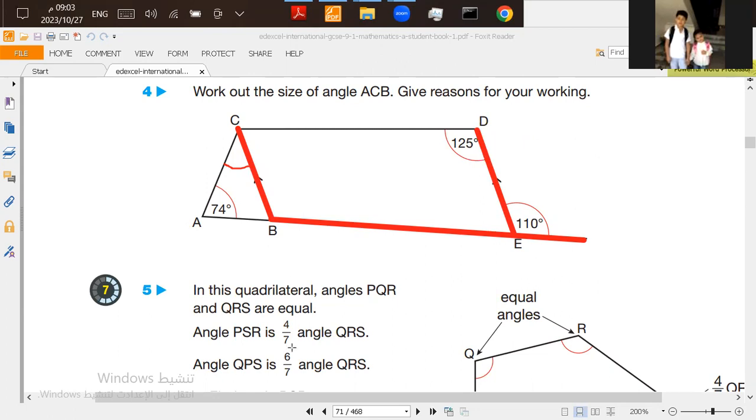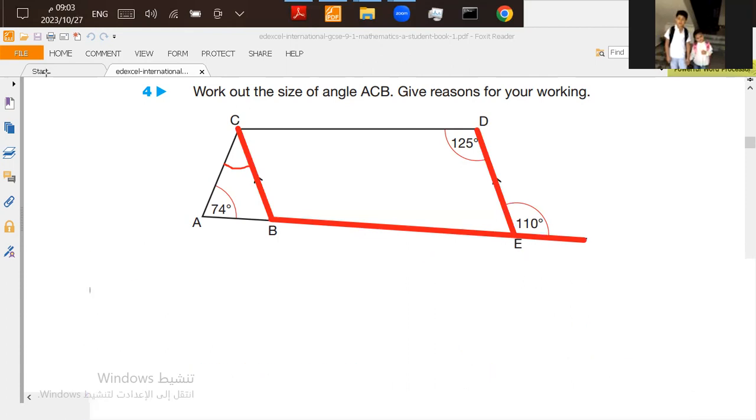So what am I going to do? I'm going to first cover this so I can write my reasons. I'm going to say CBE equals 110, and the reason is corresponding angles. Because I don't have a letter here, I can't name this angle, and I can't name it E because E has two angles, and the third one down here.